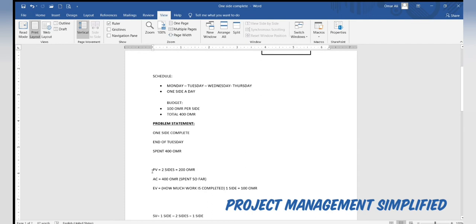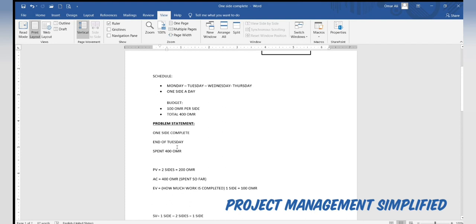So PV means baseline cost of work scheduled. According to the schedule, this is the second day, so the work that has to be completed is 2 sides, and the expenditure of this work is 200 riyals.